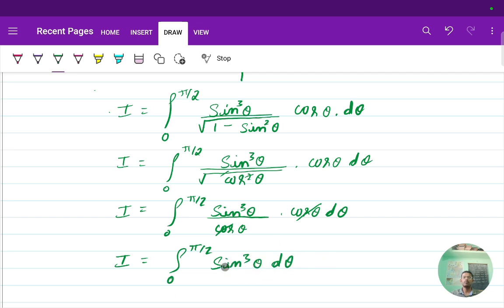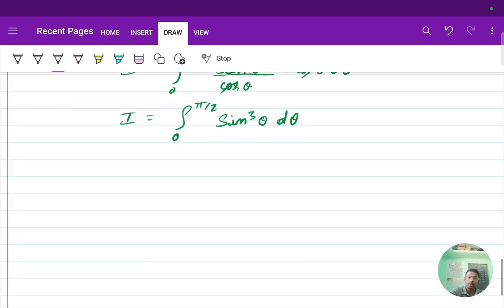Now it is in the form of the integration from 0 to pi by 2 of sine power n x dx, so we can apply the reduction formula. We know that n is equal to 3, which is odd.